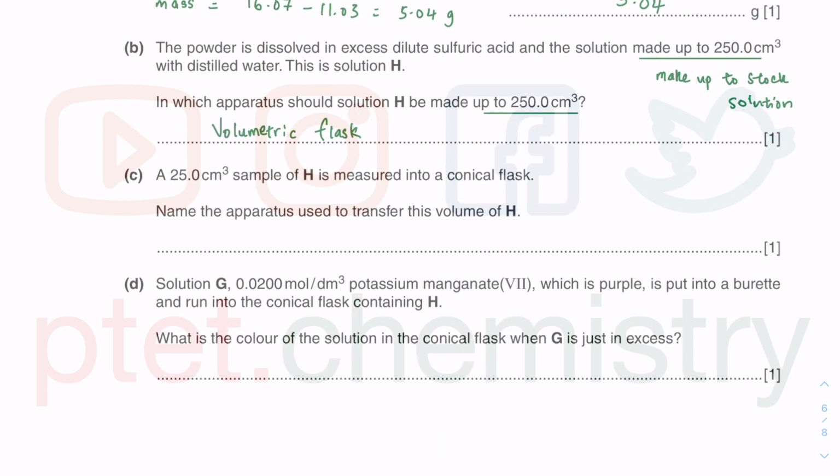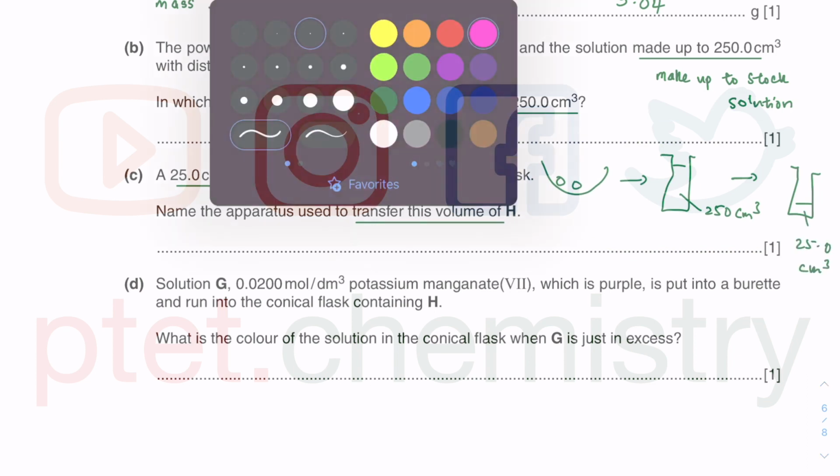Of course, then to take out 25.0 cm³ from that, so you have 2 tablets of the iron, you make it up to 250 cm³, and now you want to take out 25 cm³ for your titration. I'm not a very good artist, but I can draw a very simple diagram.